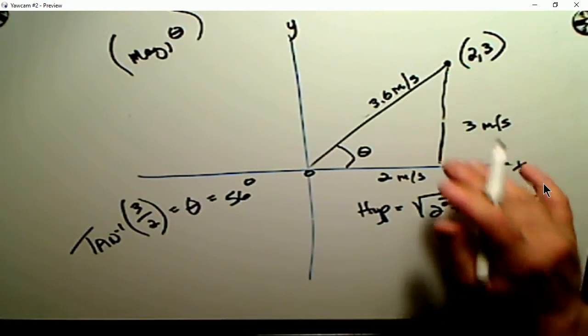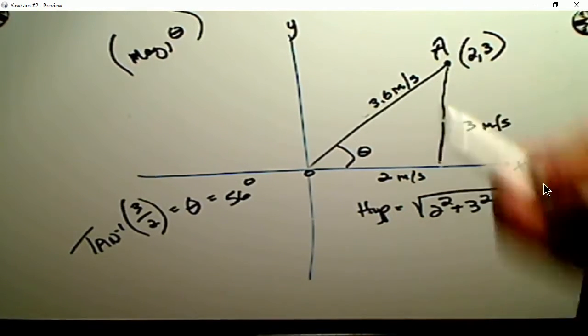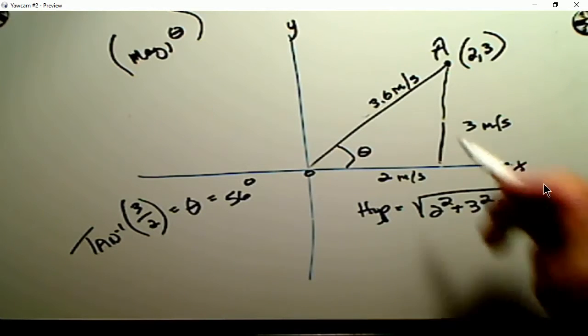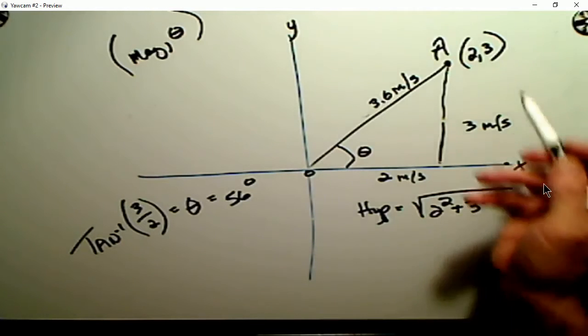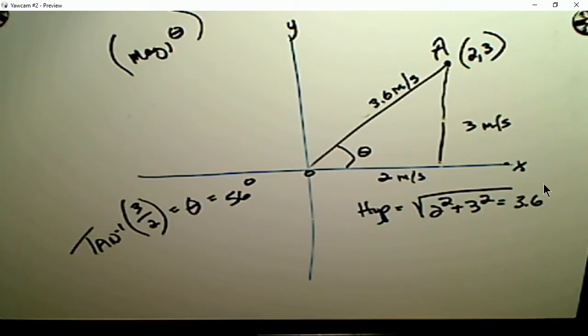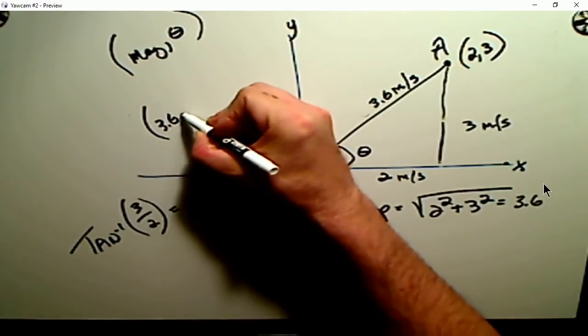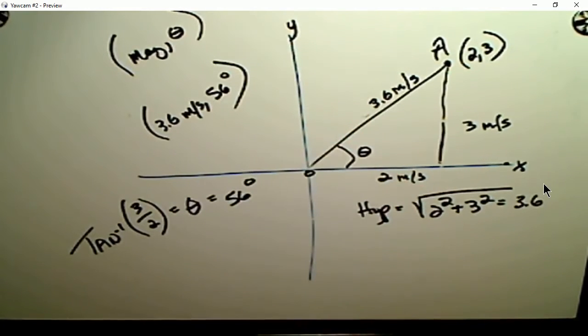So, if I want to describe this particular vector, let's call this vector A. I can say it in English: it is 3.6 meters per second, 56 degrees north of the positive x-axis. I could write it in polar coordinates: 3.6 meters per second, 56 degrees. And that would fully describe it as well.